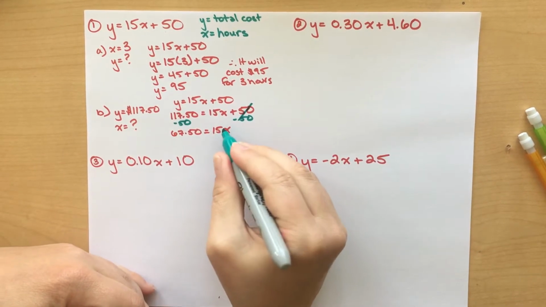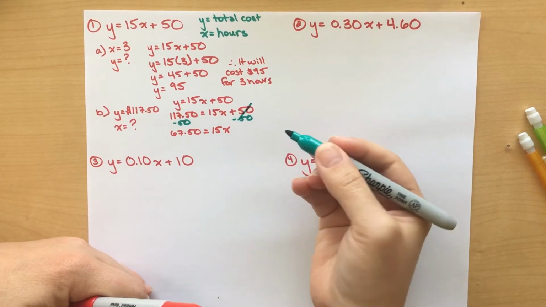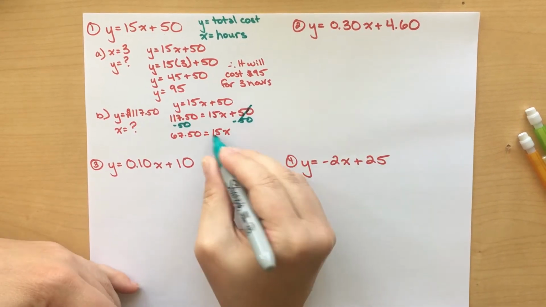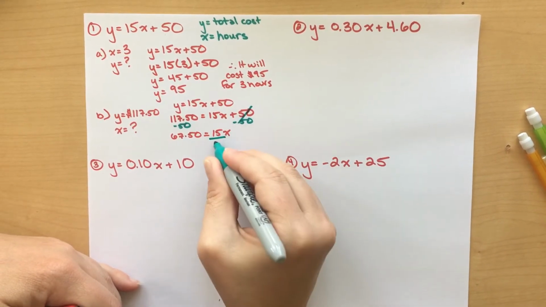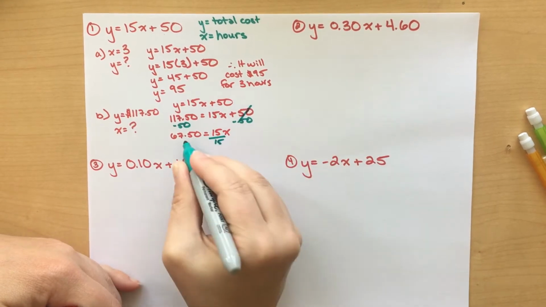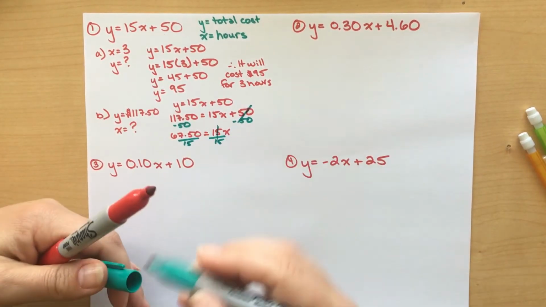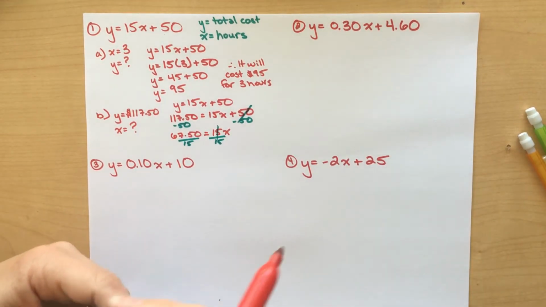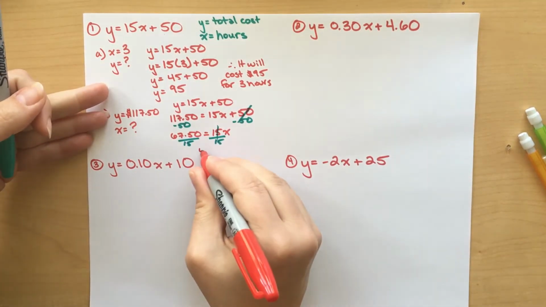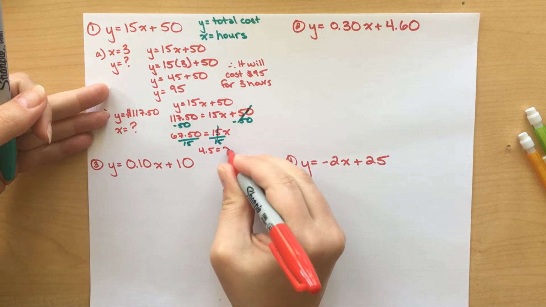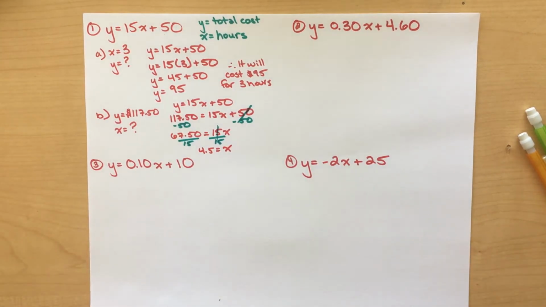There's a 15 attached to that x, that coefficient I want to get rid of. Right now it's multiplication, so I'm going to do the inverse operation, which is division. What I do to the one side, I have to do to the other. That will now cancel that out. 67.50 divided by 15 is 4.5, and I'm left with 4.5 equals x.